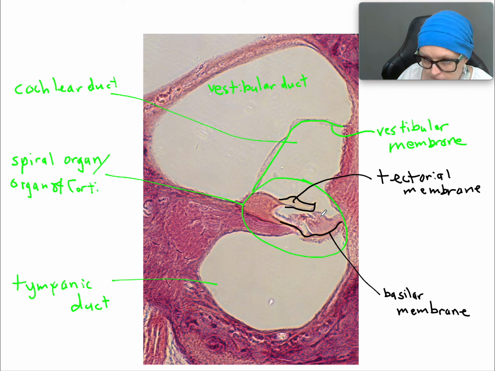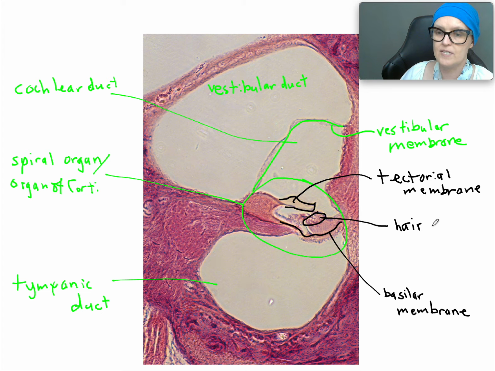And then in this area, on this slide, you can't see them very well. They're right there though. So these are the hair cells. If you can see the inner hair cells and the outer hair cells, feel free to put inner hair cells or outer hair cells on the lab test. But on this slide, I just put hair cells because you can't really see the difference.